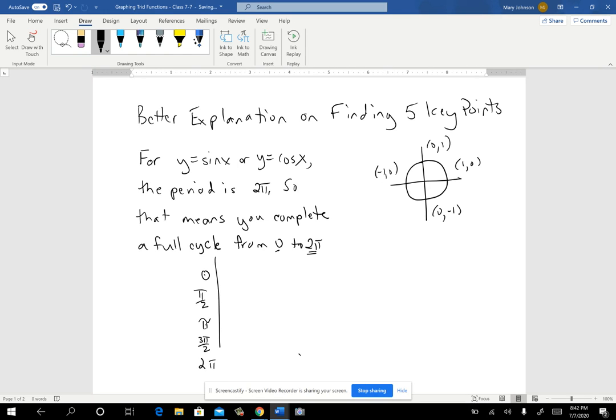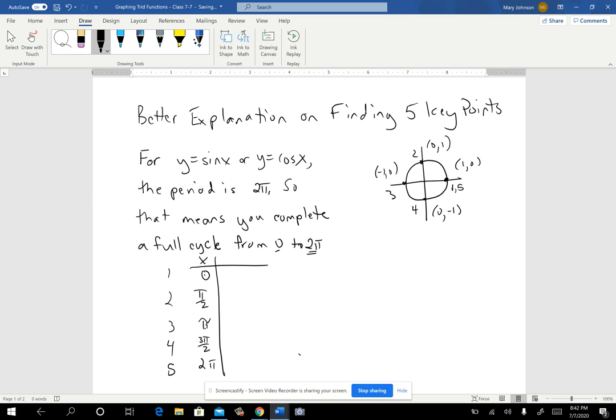So those are the 5 key points when we're dealing with a basic y equals sine x or cosine x. And in fact, even when we're doing secant or cosecant. Well, those 5 key points correspond to these, okay? So this is your 1, 2, 3, 4, 5, and here's your 1, 2, 3, 4, and then we're back here for the 5th point, okay?